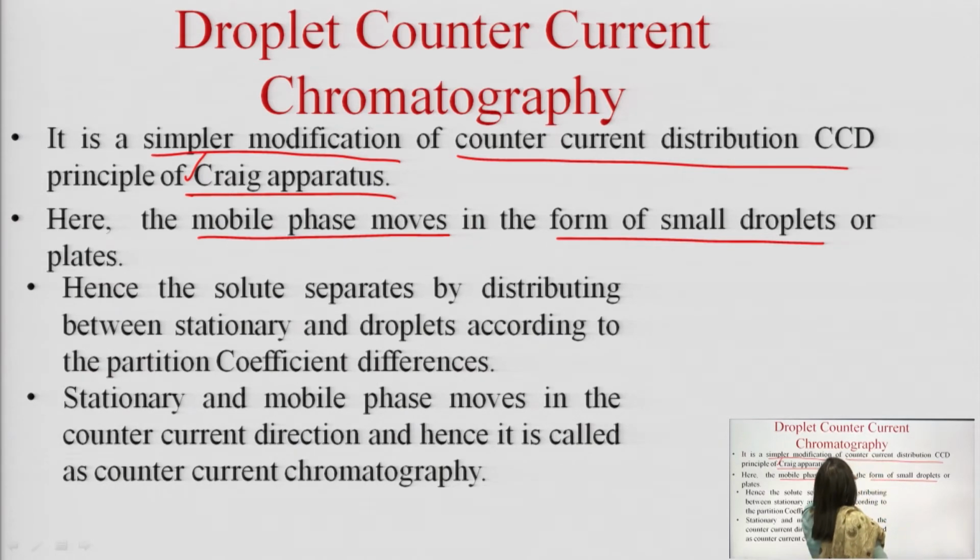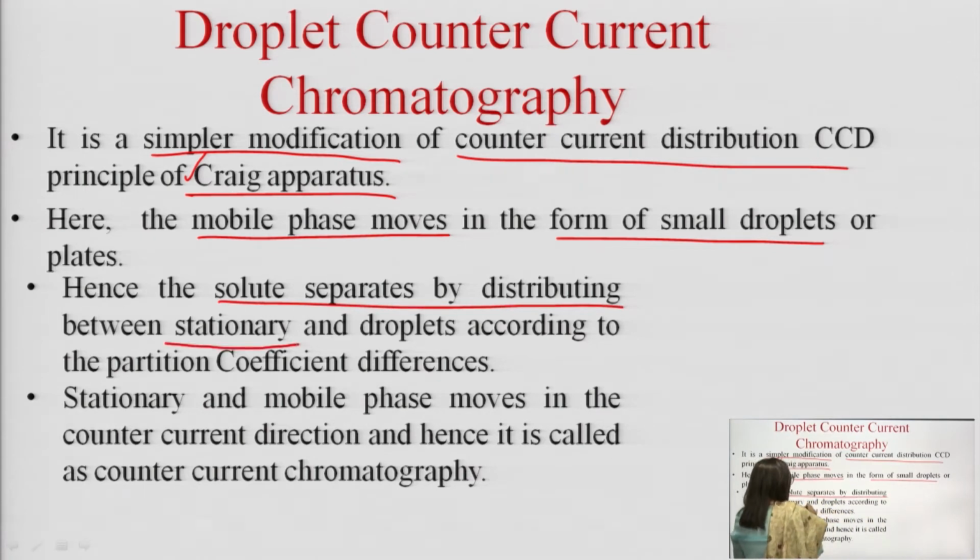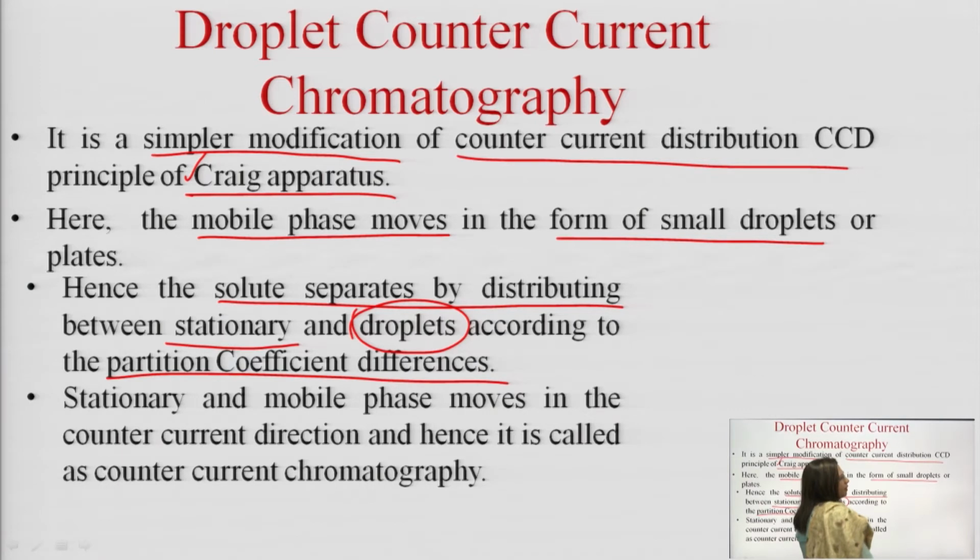But in case of the droplet counter current method, instead of utilizing two layers, the stationary phase with the sample in the form of drops is passed through the mobile phase. Hence, the solute separates by distributing between the stationary phase and the droplets, which is a mobile phase as well as the sample, according to the partition coefficient difference between them.